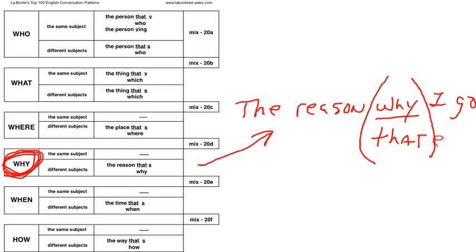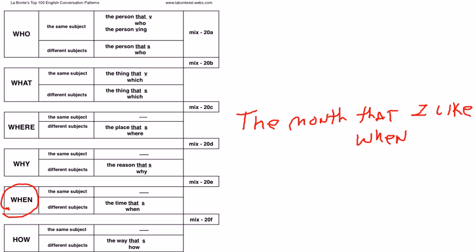The fifth example with when is the month that I like the most. This is optional. The month I like, the month that I like, they are exactly the same. The season she likes to swim. The year I went there.